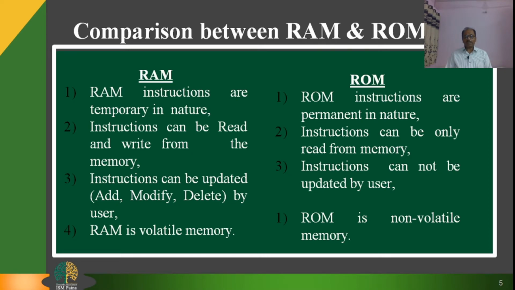In RAM, instructions can be updated, like addition, modification or even deletion by the user itself, whereas in ROM it is not permitted by the user. So, the user can't update any instruction of ROM. RAM is volatile, whereas ROM is non-volatile, permanent. So, now you have well understood how RAM differs from ROM.